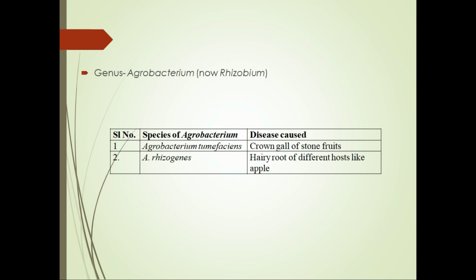This bacterium transfers a part of its plasmid to the plant cell, and that part, known as T-DNA, contains the genes for synthesis of cytokinin and auxin. These two growth hormones make all the physiological changes and hormonal disturbances in the plant system. In the affected part, we see crown gall formed. Agrobacterium rhizogenes causes hairy root of different hosts like apple.